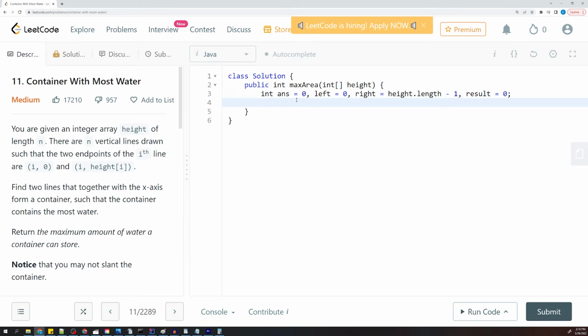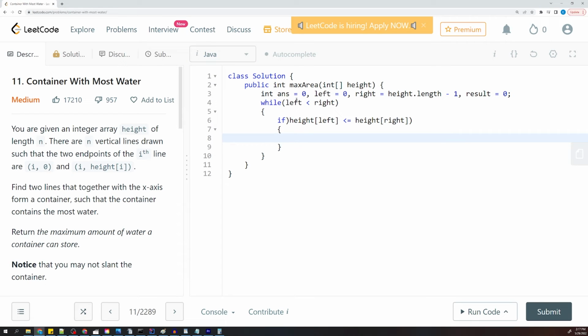While they are not equal to each other, so while left is less than right, we're going to check if height at left is less than or equal to height at right.